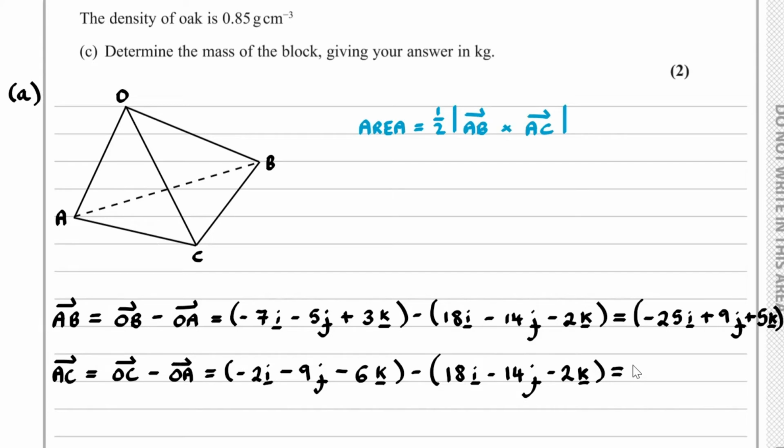So it turns out we would get minus 20i plus 5j minus 4k.